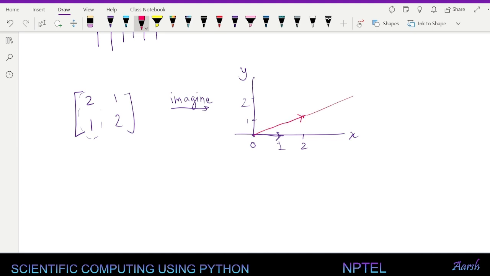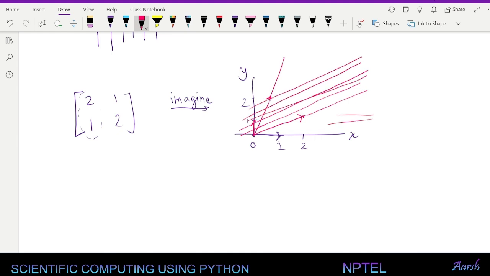So this becomes your new x axis, and (1, 2) is where y cap goes. So (1, 2) is this one. So this goes to here. And in between you have the parallel lines, right? These are all lines which in the original case were parallel to the x axis. Now they are parallel to this vector. Similarly, these are your new y axis, or the lines parallel to the y axis.